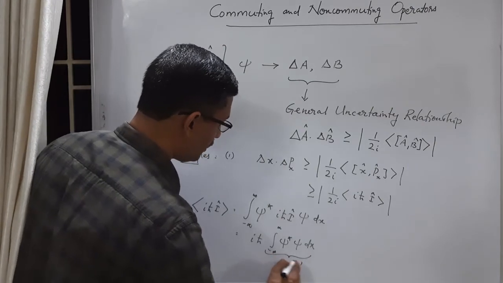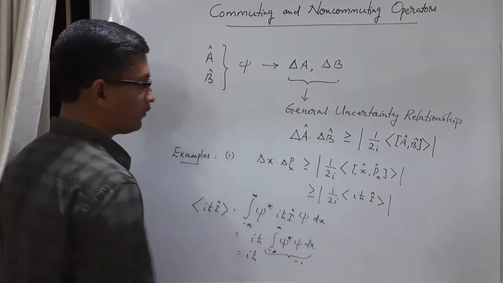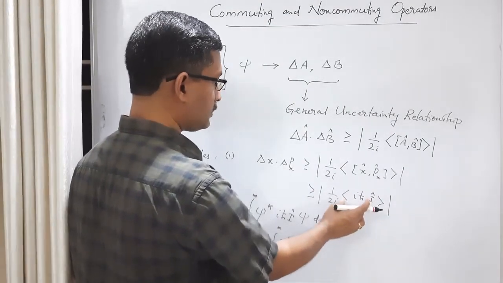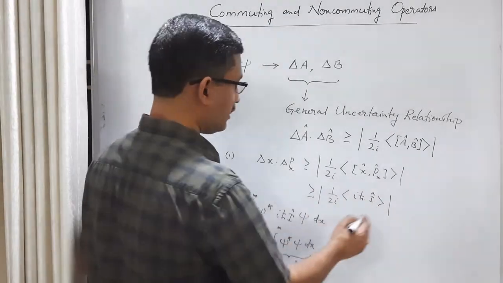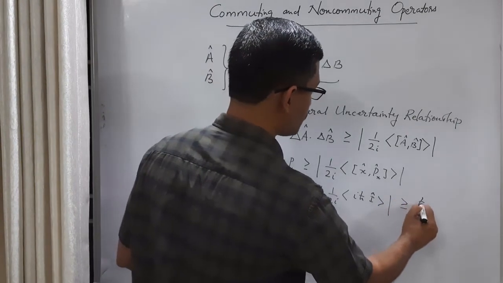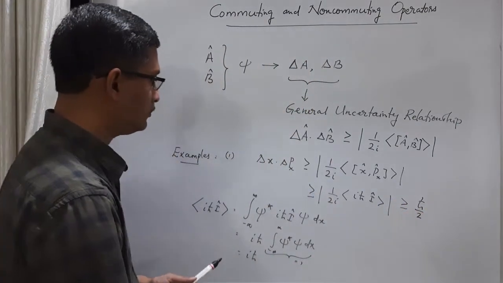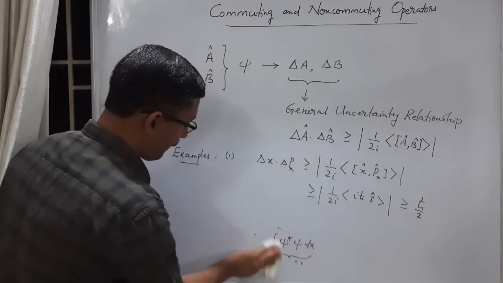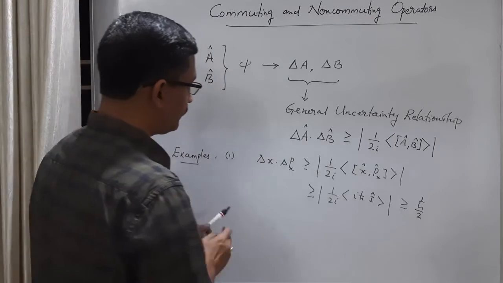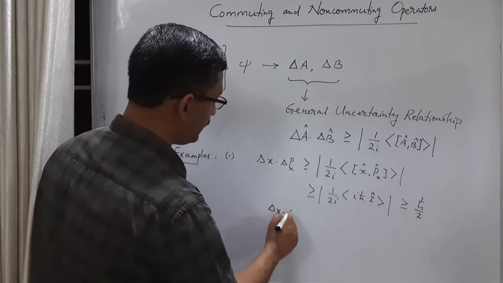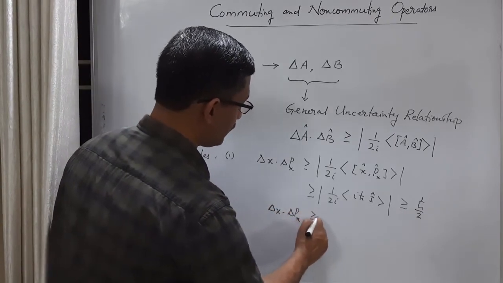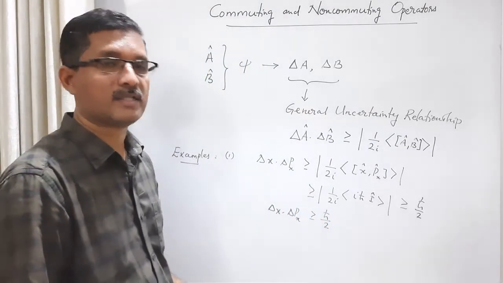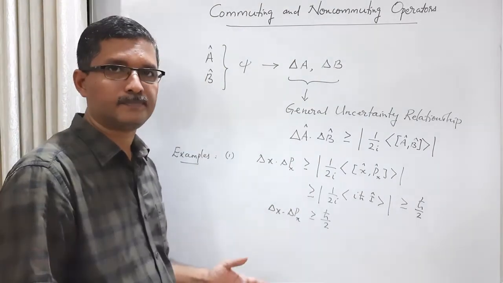So the expectation value of this operator will be simply i h cross, and i will cancel. So what you get is greater than or equal to h cross by 2. So the final result is delta x delta px greater than or equal to h cross by 2. This is the Heisenberg's uncertainty relationship between position and linear momentum.